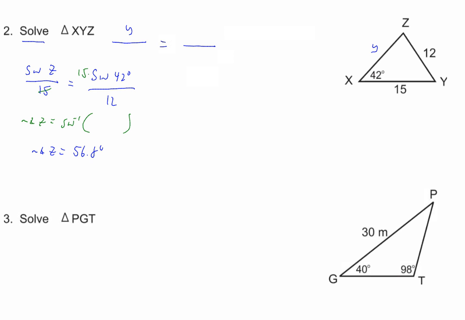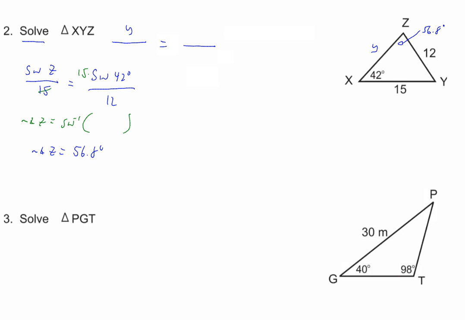And so now we have 56.8. Can we now get angle Y? Law of sines got us there, but do I want to use the law of sines to get angle Y? No, you can't anyhow.